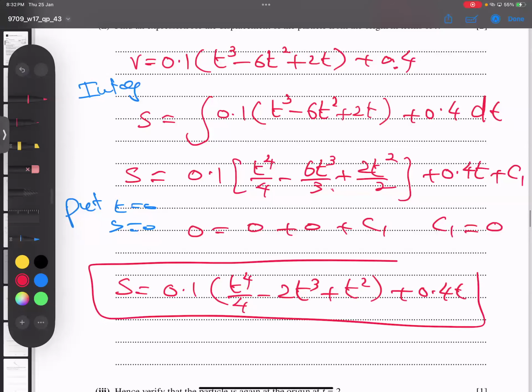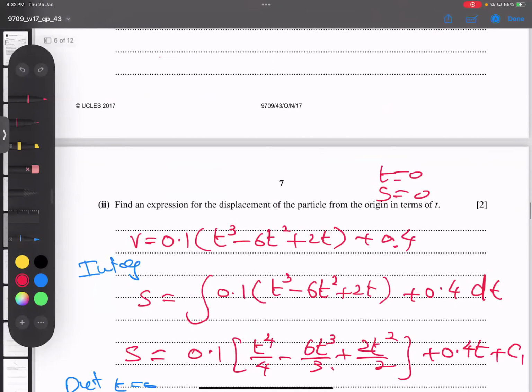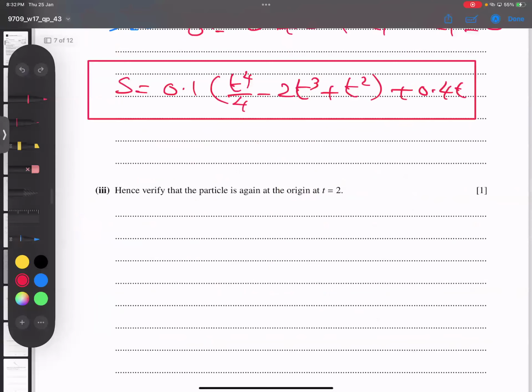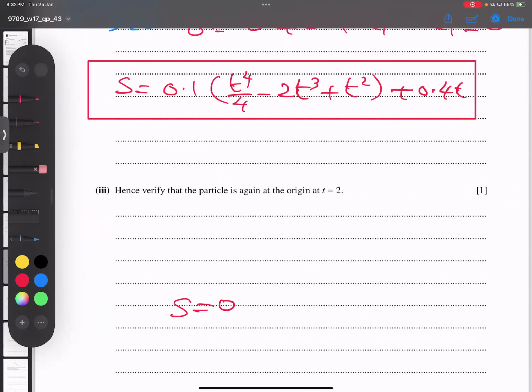He was asking for an expression for displacement. But now the last part: prove it will come back to the origin. Students, what is the point? This is the observer. When the particle goes away and comes back to the same position, displacement is 100% zero. We have three concepts with displacement.